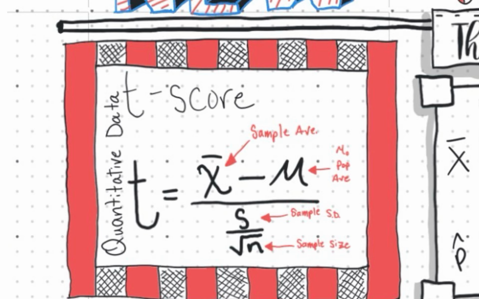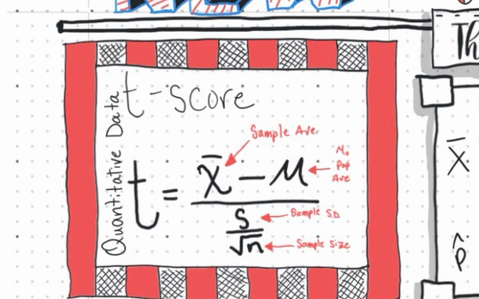Okay? The t-distribution was created because we actually don't know the population standard deviation in most cases. So the z-distribution requires you to at least have a pretty solid estimate of what the actual standard deviation of the population is. And in categorical data, we can do that because that's based on p.